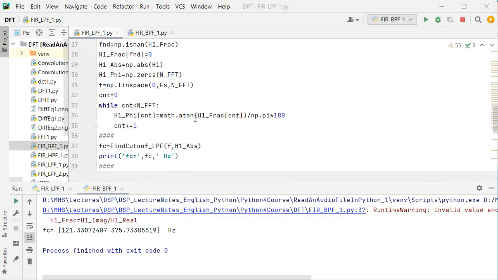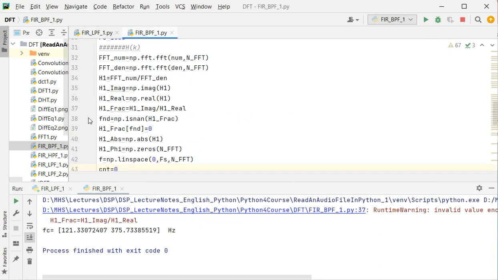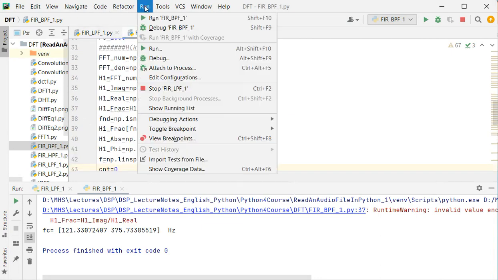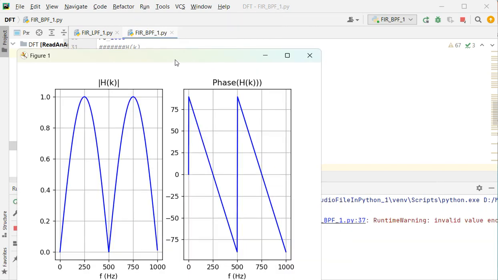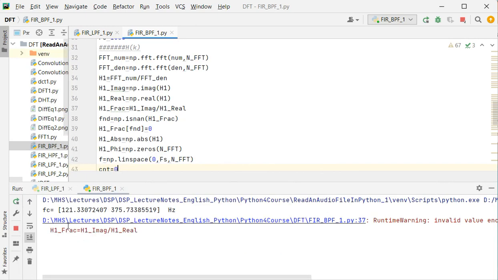Now, we will run a bandpass filter program. Here you see the idea, a similar plot. And the cutoff, the first one is 121 and the second one is 375.